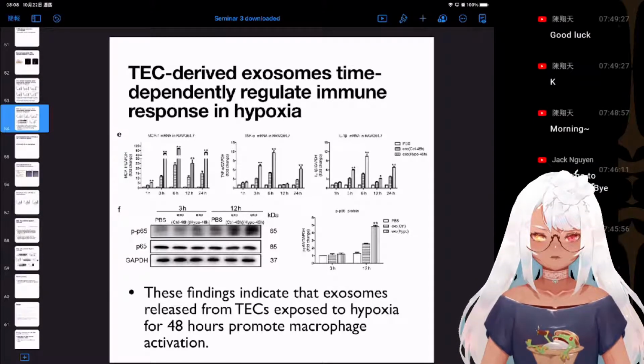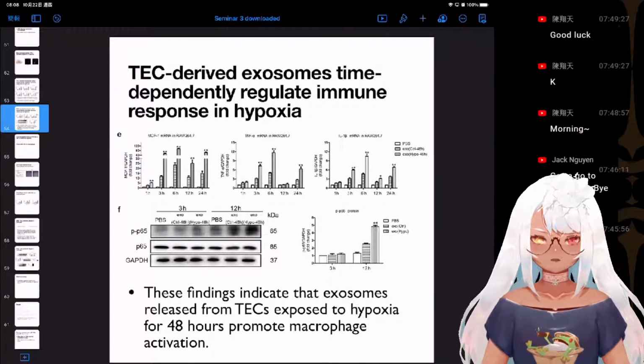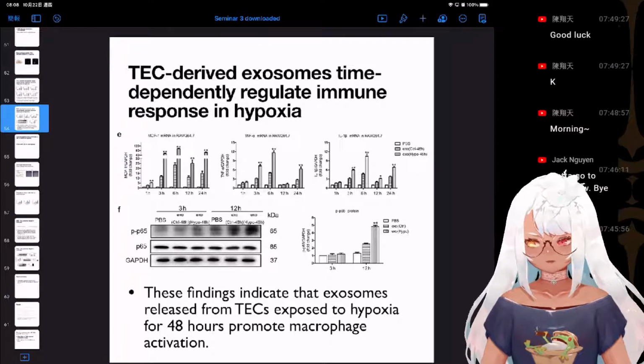So that is dose dependent. Now we want to know whether it is time dependent.